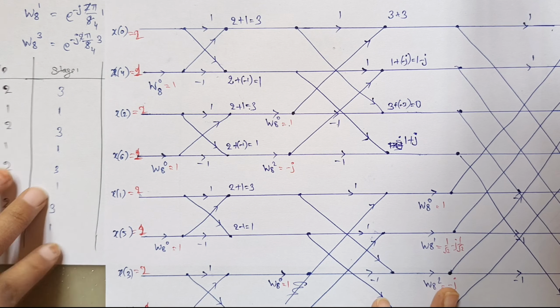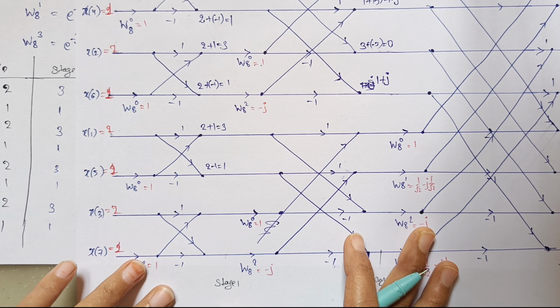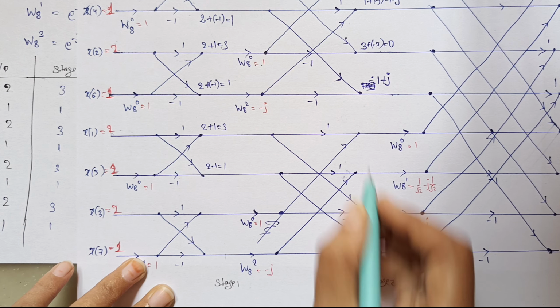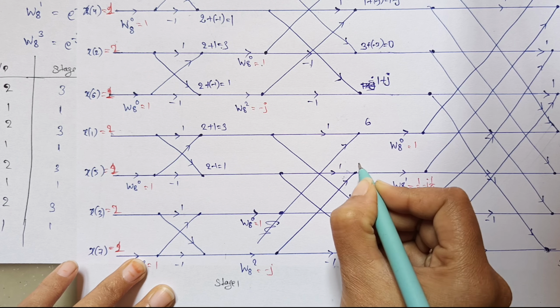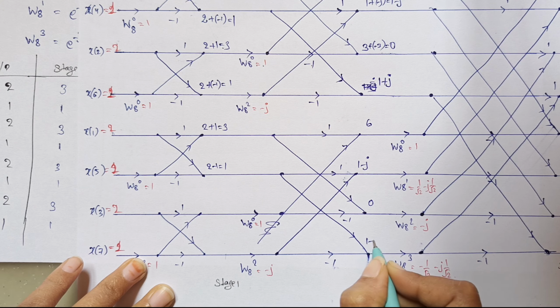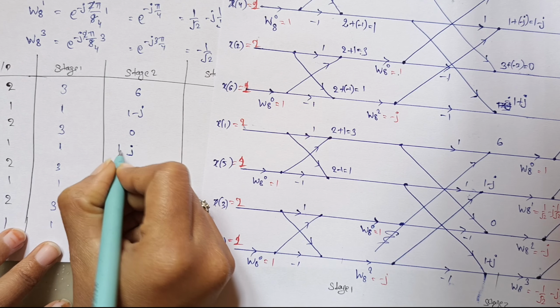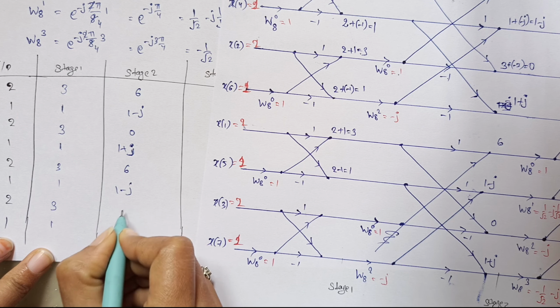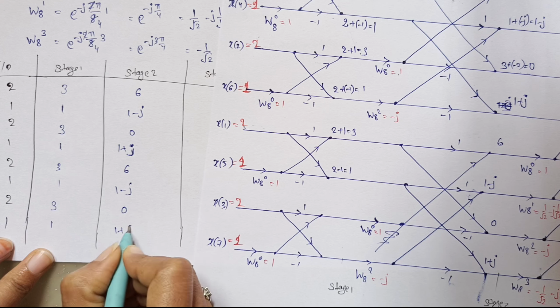Now let's move on to the next butterfly over here. I think that the result will be exactly the same. So let's just write it down: 6, 1 minus j, 0 and 1 plus j, and let's maintain it on this paper. So it is 1 plus j, and here 6, 1 minus j, 0 and 1 plus j.